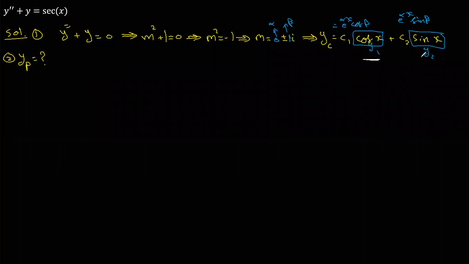This y1 here, and not only y1, you also have y2. Do you remember that y1 must be what? A solution for the homogeneous. And here I solved the homogeneous. Not only y1, I also have y2, so I can use any one of them.